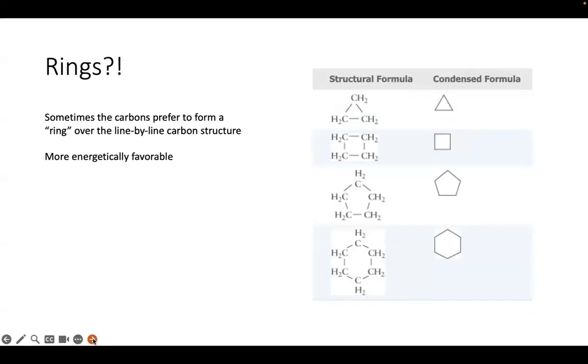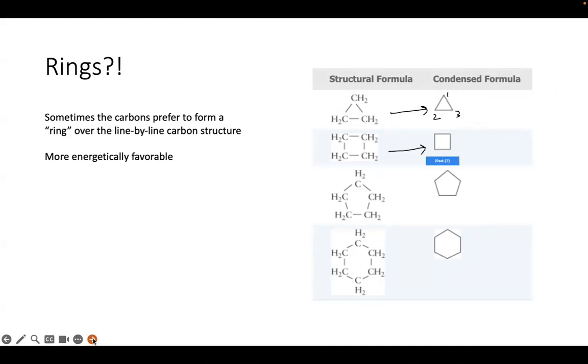Okay, so I kind of alluded to this, right? But carbon can form rings. And sometimes this is more energetically favorable over a carbon structure in a line. So the same rule applies where each point is a carbon. So here, this is a 3 carbon structure, 1, 2, 3.